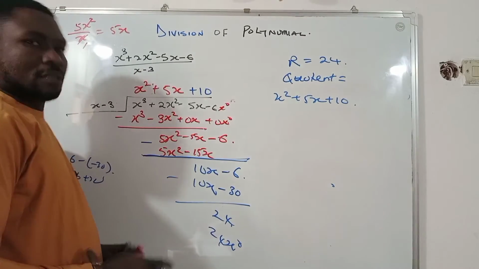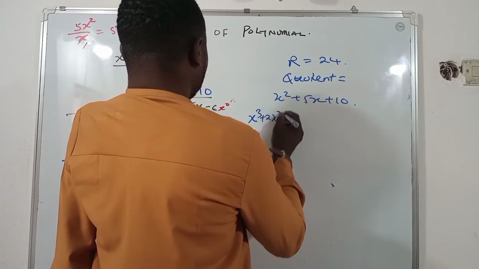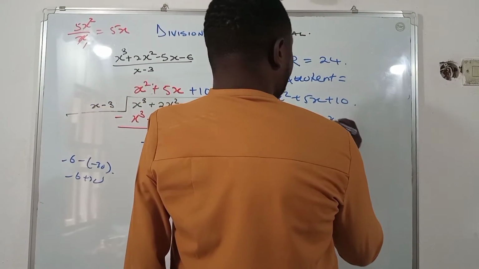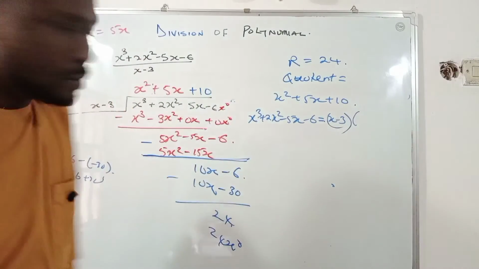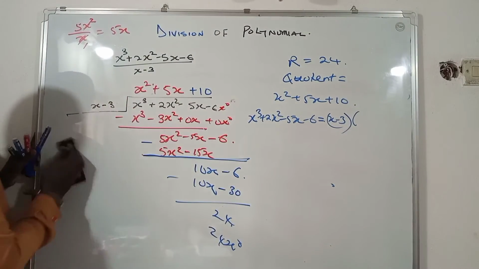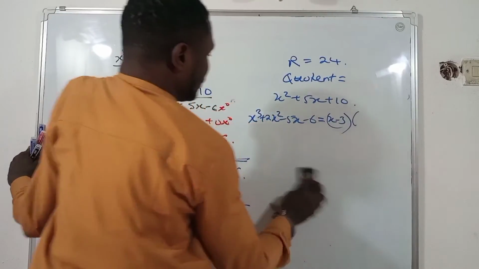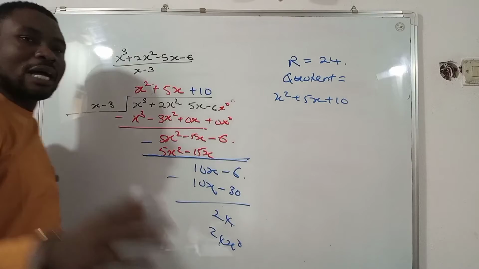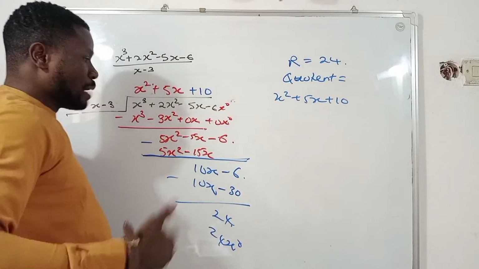If you are to represent it the way it should be, you have it this way, that x raised to power 3 plus 2x squared minus 5x minus 6 is equal to, you have the divisor is x minus 3, you have the dividend, which is so after you're done solving, this is how you may express your answer. You know, there are sometimes, depending on the question, the examiner may be interested in what?